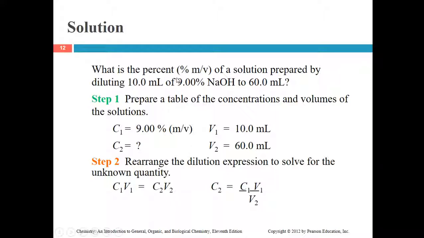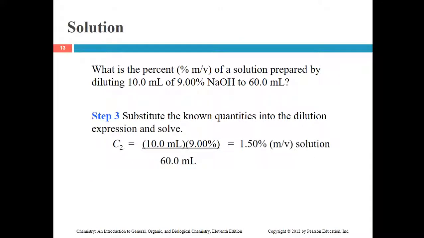We are solving for the second concentration. So we're going to plug in our first concentration, 9.00, our first volume, 10 milliliters, over our second volume, 60. And when we solve for that, we're going to get a 1.50% mass per volume solution.